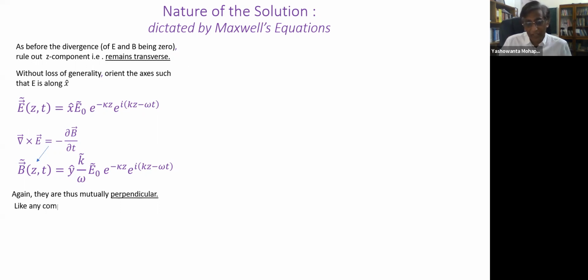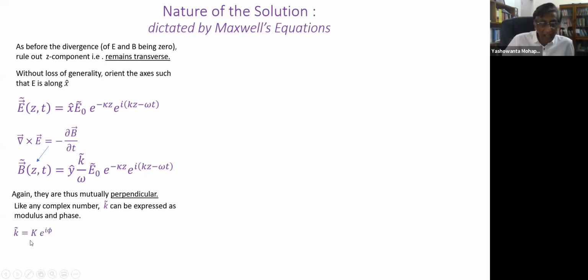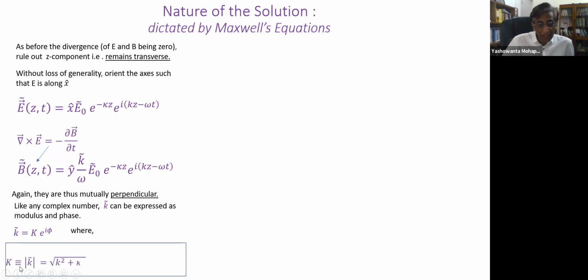Okay. So now where is the difference? Like any other complex number, K tilde can be expressed as a modulus and a phase. So let's do that. So write down K tilde as capital K, the modulus of K tilde, that is the real magnitude, and there is a phase. So I can write it in this form such that I can introduce this phase into my equation. So this magnitude, of course, is the square root of K squared plus kappa squared, and I have already obtained K and kappa in the last slide.